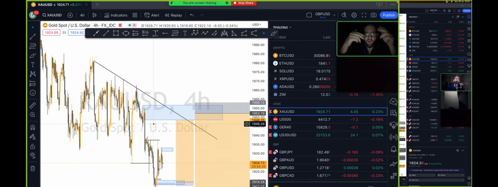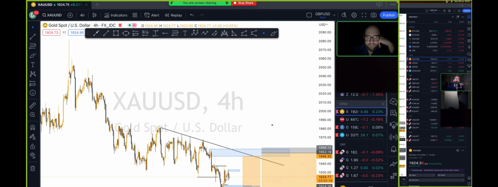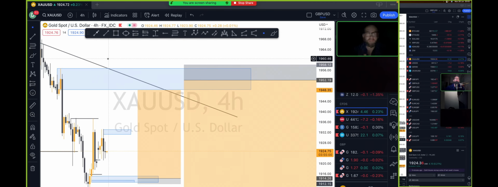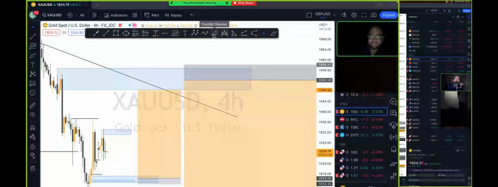What I need you to look at is, if you look at an area like this 4-hour supply area, that doesn't mean this is where we sell, right? Because that's obviously what it looks like. Okay, we're going to come back, tap the zone, we sell. No. See this as an area with a little bit of a range around it.